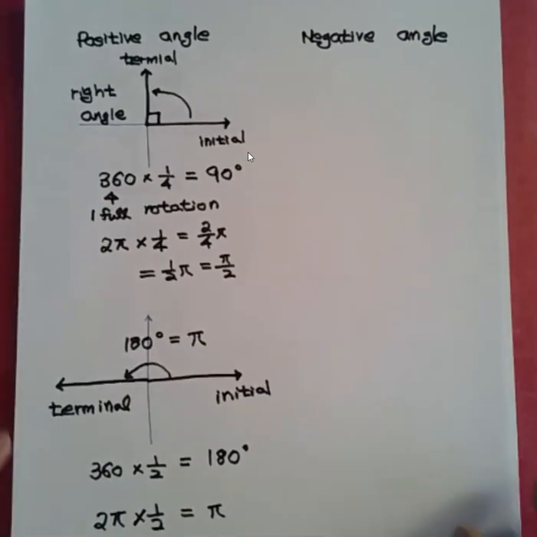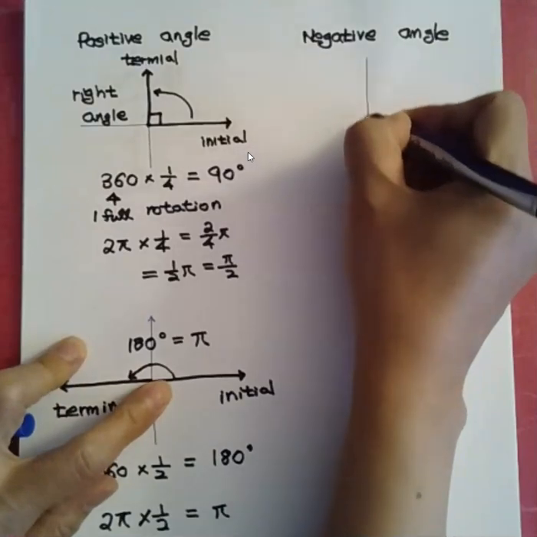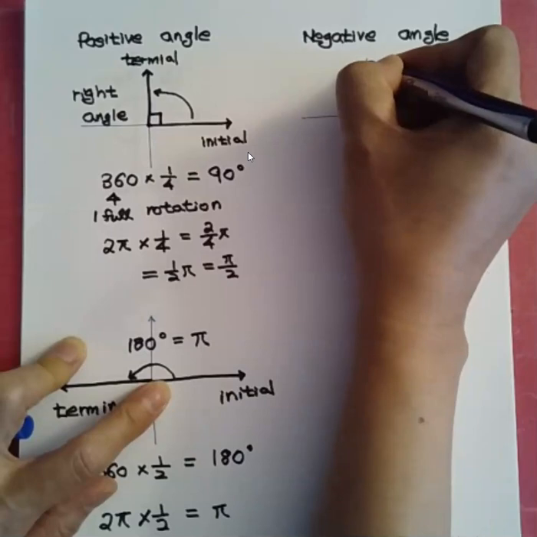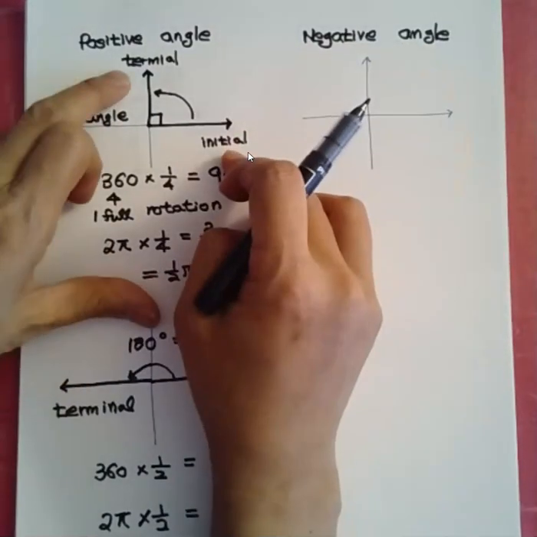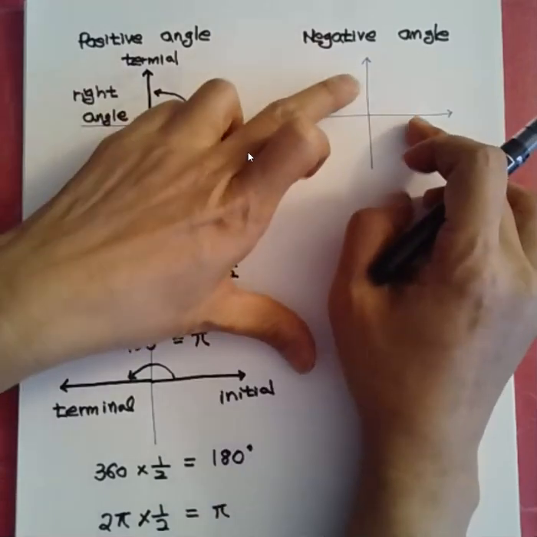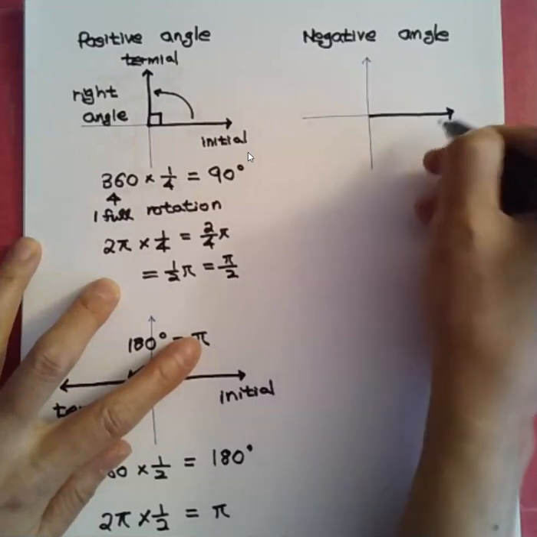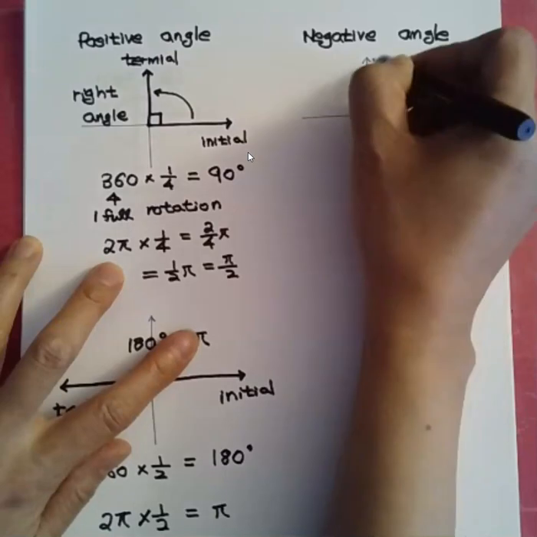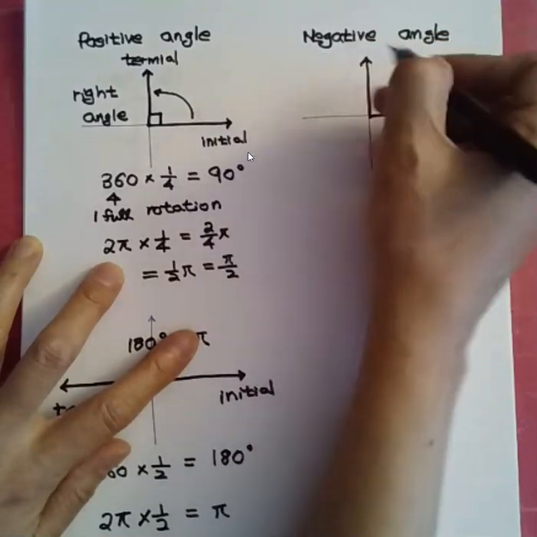This time, we think about the negative angle. We will position the initial side and terminal side on the same place. So the positive x-axis becomes the initial side, and the positive y-axis becomes the terminal side.